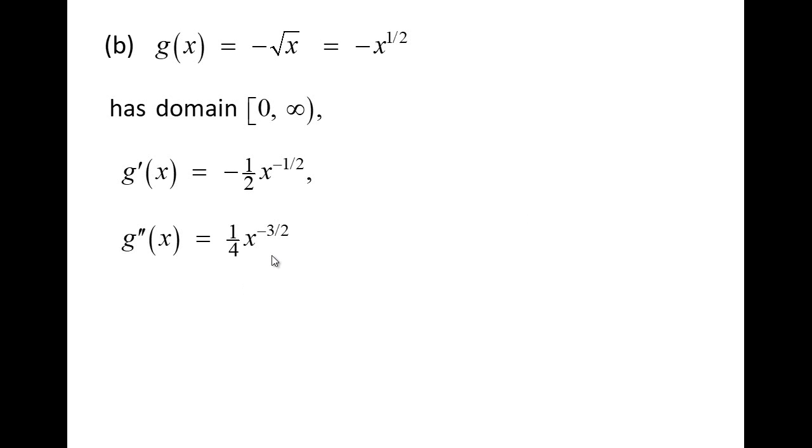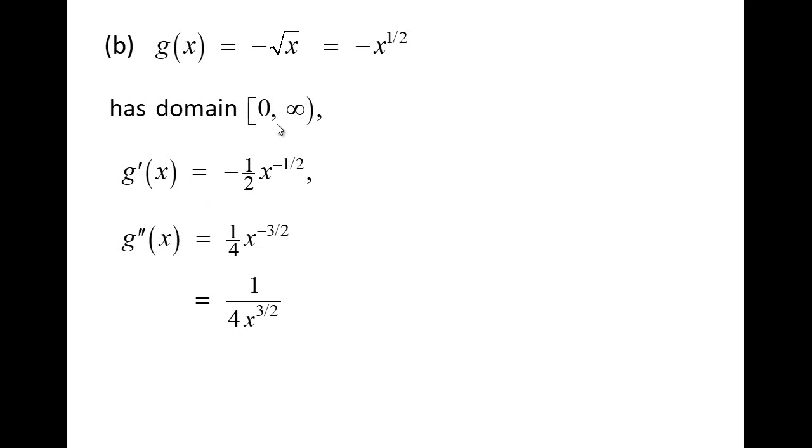This is the second derivative. The question is whether, on this domain, the second derivative is positive or negative. We can rewrite this as 1 over 4 x to the power 3/2.